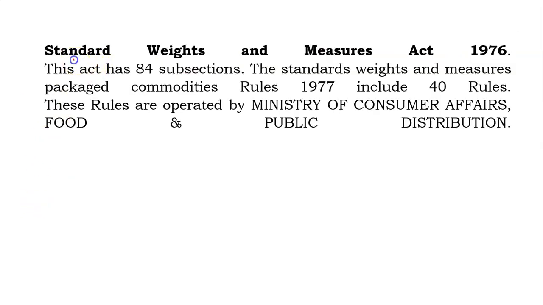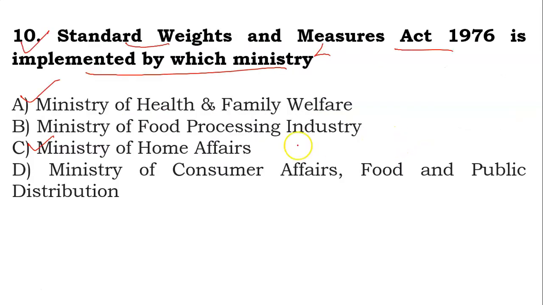So friends, first of all you have to see that this Standard Weight and Measure Act 1976 has 84 subsections, and the Standard Weight and Measure Packaged Commodity Rules 1977 include 40 rules, and these are operated by the Ministry of Consumer Affairs, Food and Public Distribution. So your answer will be D.